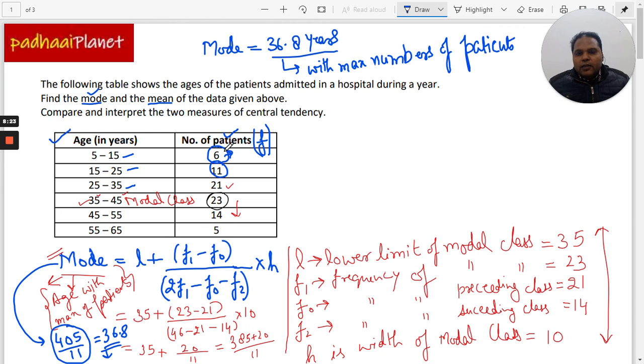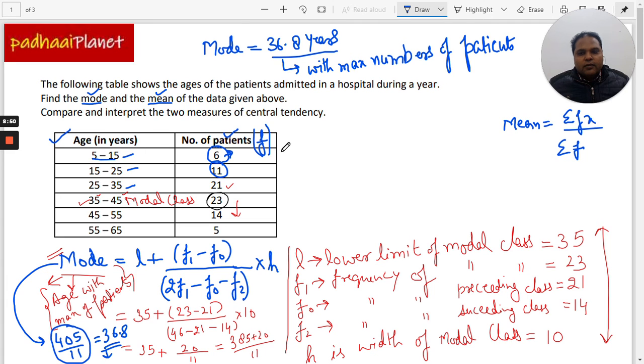Now similarly, let's also find out the mean of this table, and we already know that the mean is equal to sigma fx over sigma f. So x means the class mark, and class mark is the sum of the lower limit and upper limit, divided by 2.